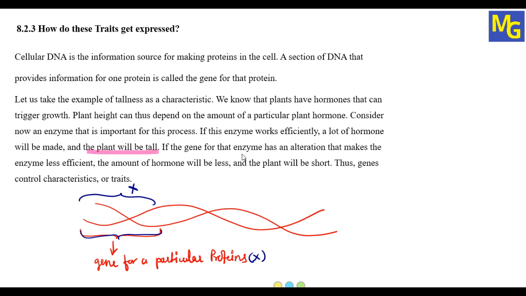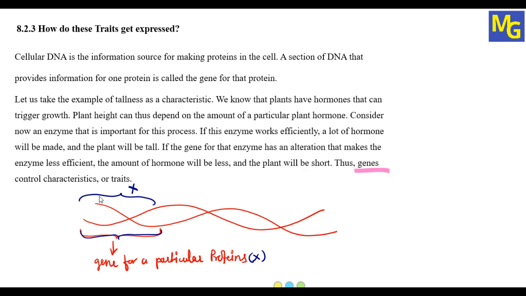If the gene responsible for that enzyme gets altered, if there is an alteration in the gene which is preparing that enzyme, then automatically it will disturb the amount of hormone. Hormone secretion will be disturbed, and therefore it will disturb the height of the plant, and the plant will be short.